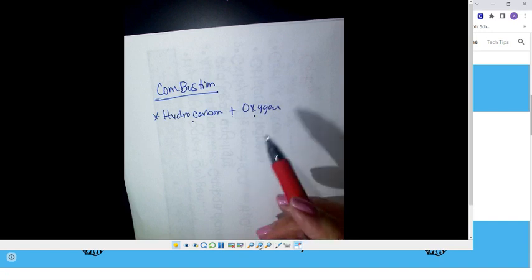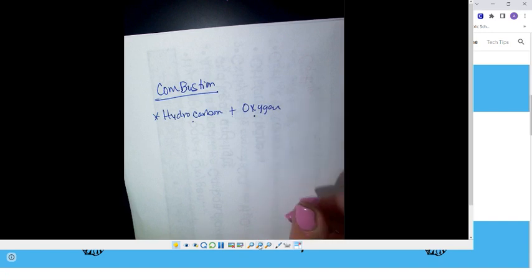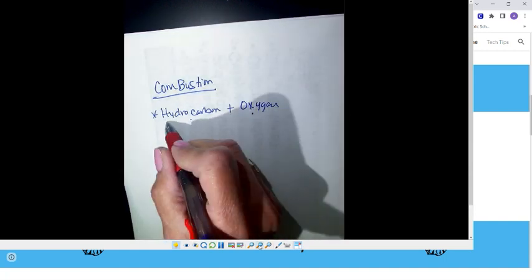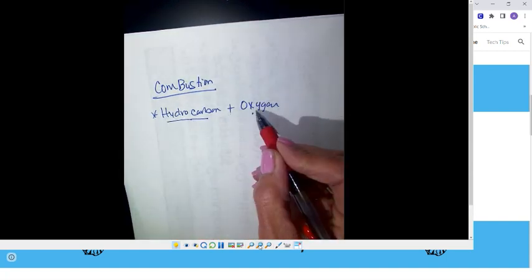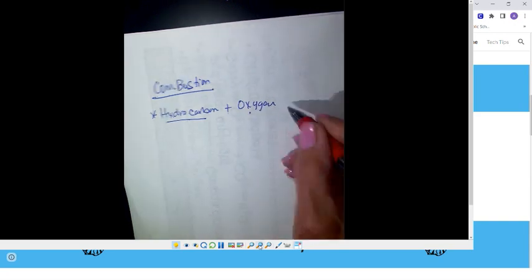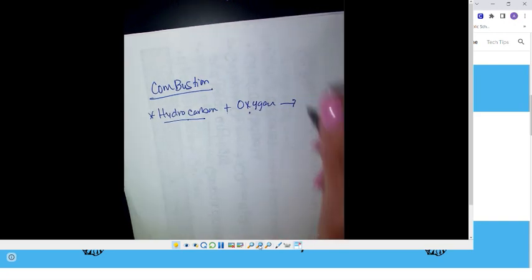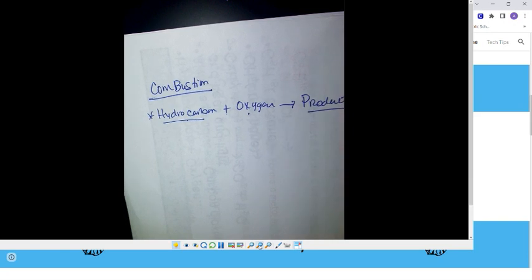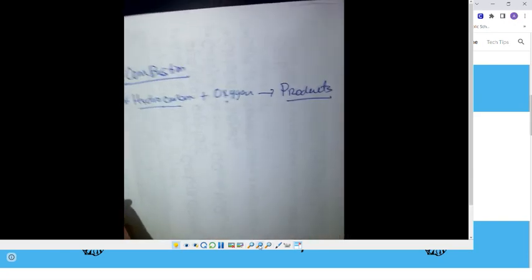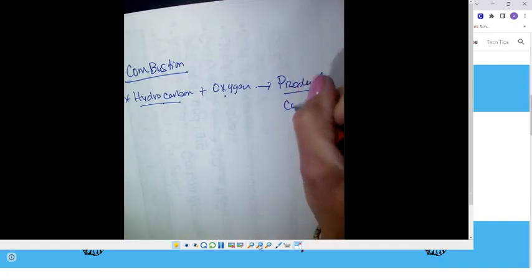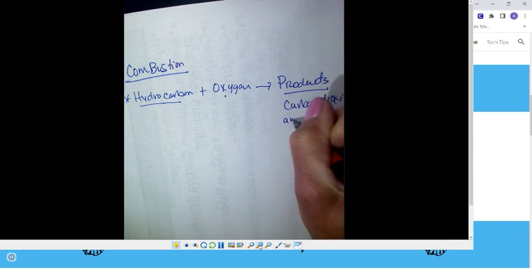When it comes to predicting products, the only ones that we are going to predict, because if we throw everything else in, it gets a lot more difficult, is when you have a hydrocarbon and it combines with oxygen. The products of this type of combustion reaction will always be carbon dioxide and water.